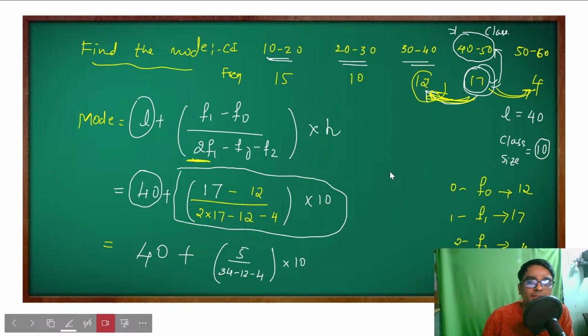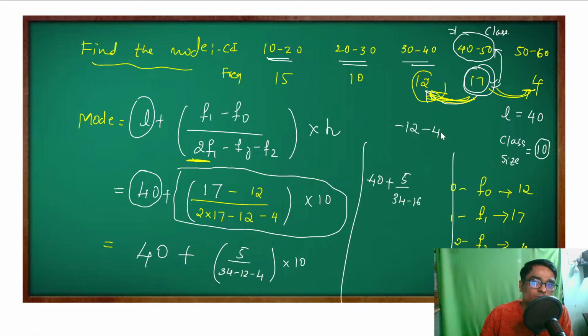So what will this be now? 40 plus 5 divided by 34 minus 16. Why minus 16? Minus 12 minus 4. Same sign, two numbers, add them first, then write whatever sign both of them have.